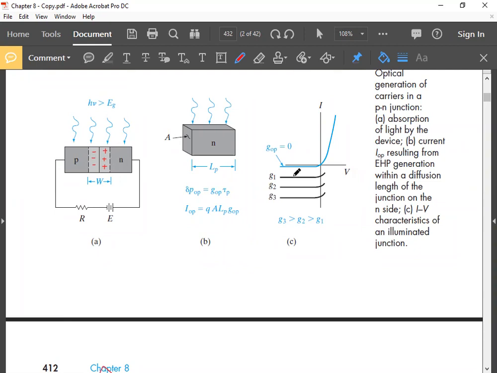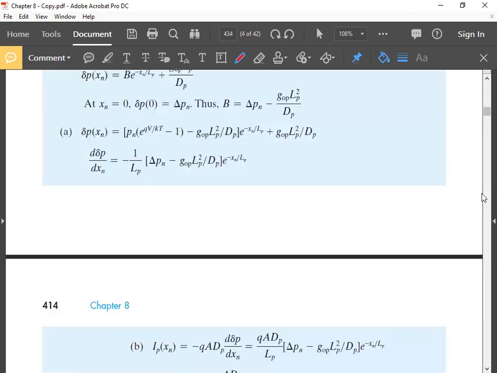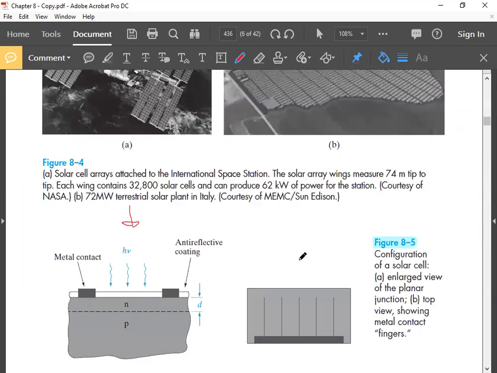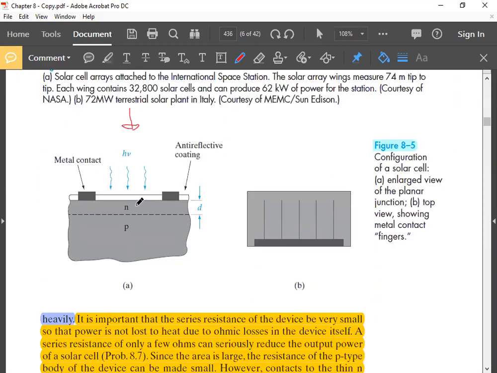If the N layer is too thick, the holes generated far from the depletion layer edge cannot diffuse to it; they will recombine before they get there. That's why the thickness of the N layer, D, has to be less than the hole diffusion length, so that holes generated here can reach the depletion layer.